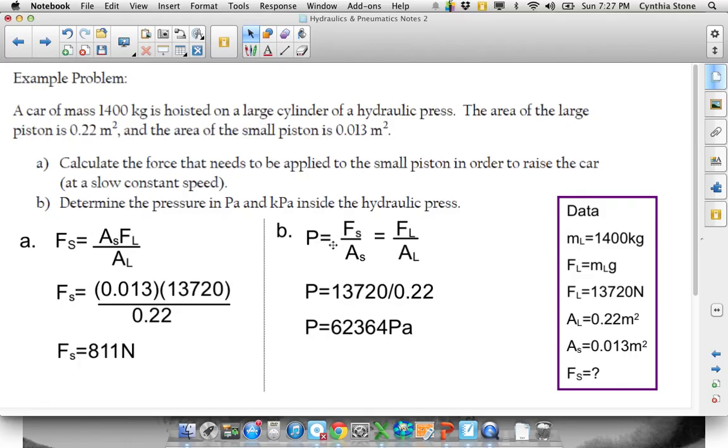So you could use any of these formulas, like P equals either Fs over As or FL over AL. So you could choose whichever one you want. I chose the large, so I said 13,720 divided by 0.22. You could choose the small, whichever. You could have said 811 divided by 0.013.